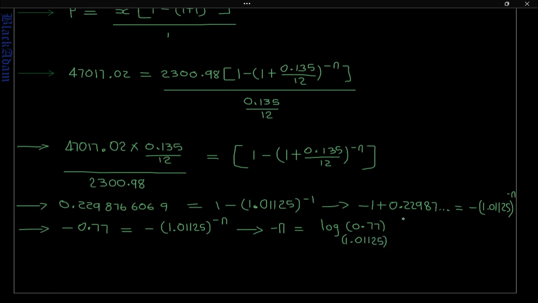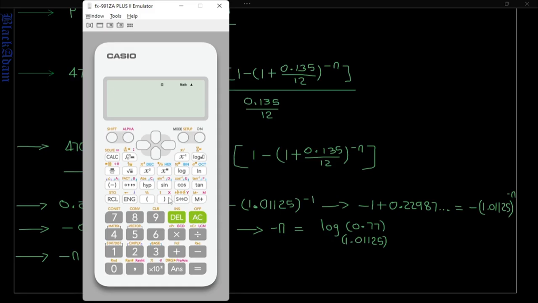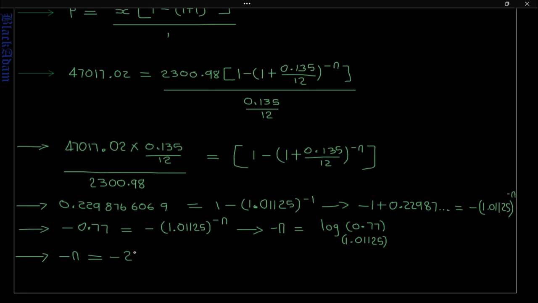And then from there, negative n equals, we must find the negative answer also, so it's going to be log 0.77 divided by log 1.01125. So what's the final answer there? It's negative 23.36. So negative on both sides, so it's going to be positive, so n is going to be 23.36.